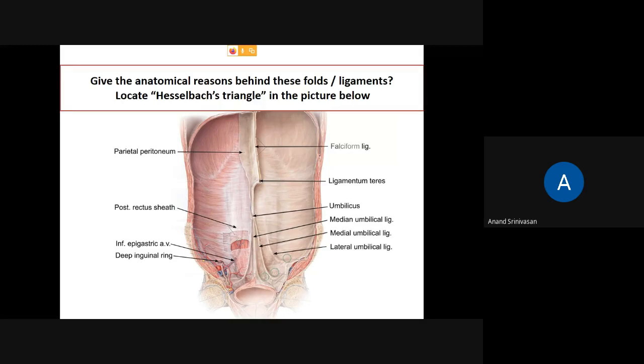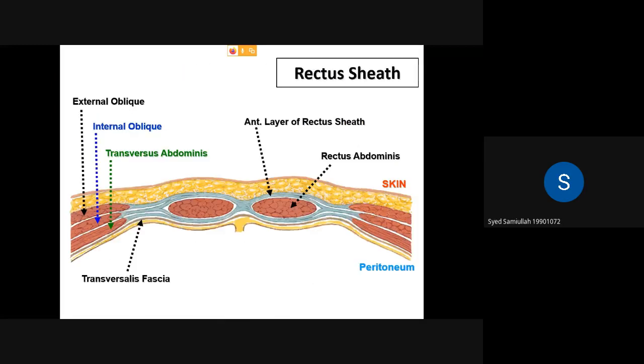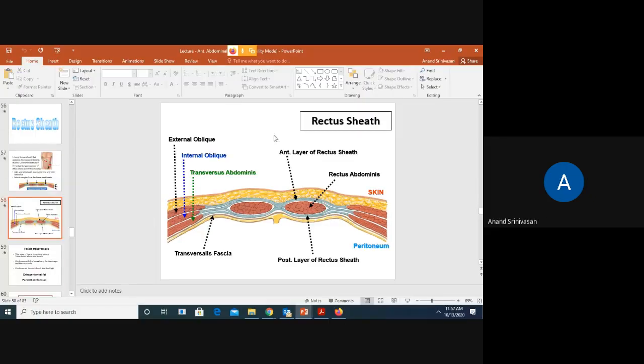Doctor, can you repeat that word? What line? Arcuate line. Okay, I'll just type it here. It's called the arcuate line.